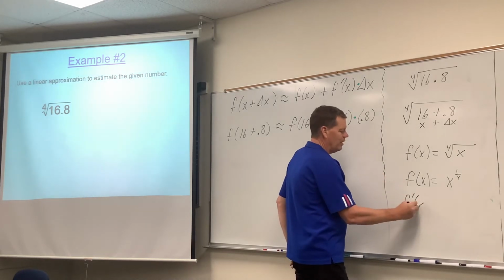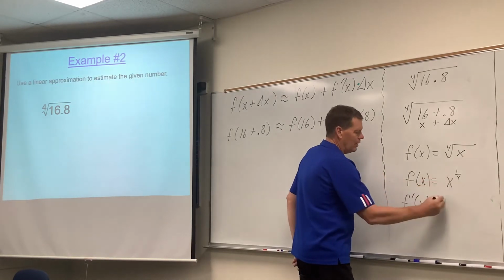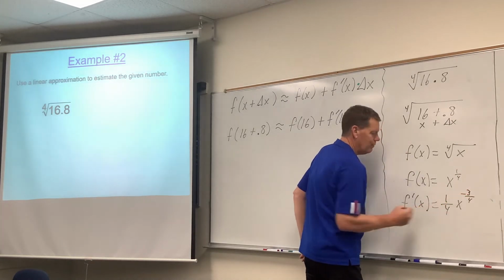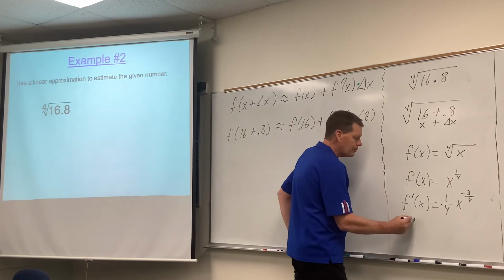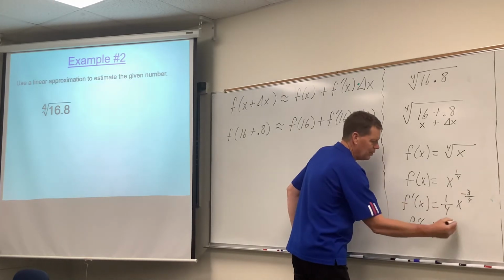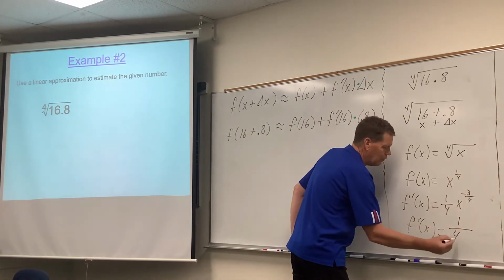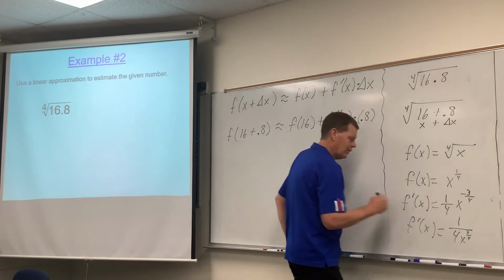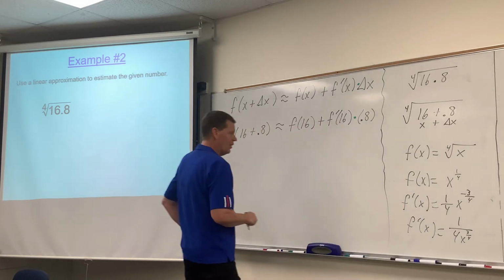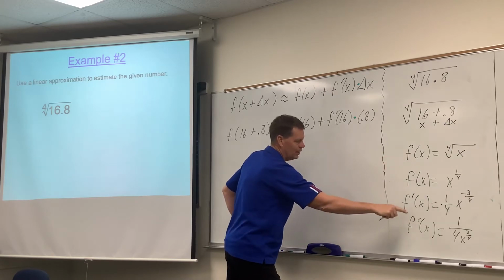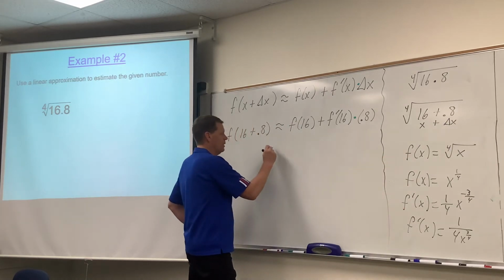And then f prime of x, according to the power rule, would be 1/4 x to the negative 3/4, which in turn becomes, because of the negative exponent, let's put that underneath, 1/4 times x to the 3/4 power. That's our derivative, okay? So now it's just a matter of sticking these numbers into the function as well as the derivative of that function.